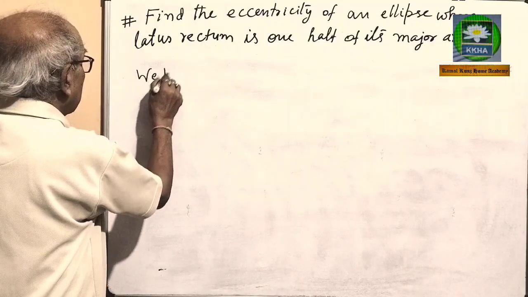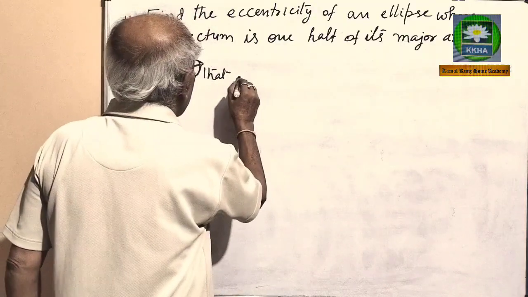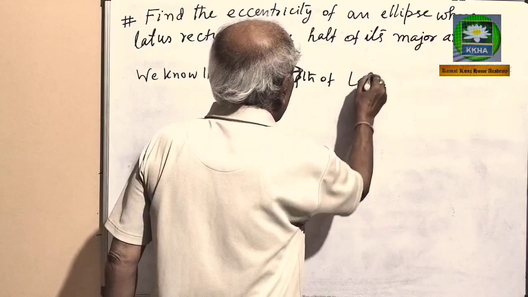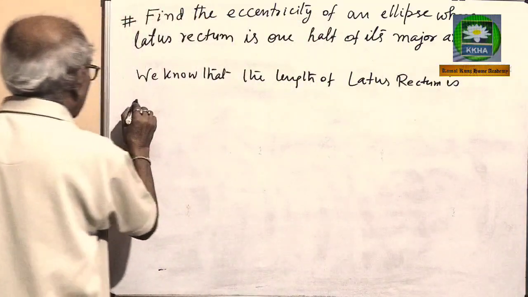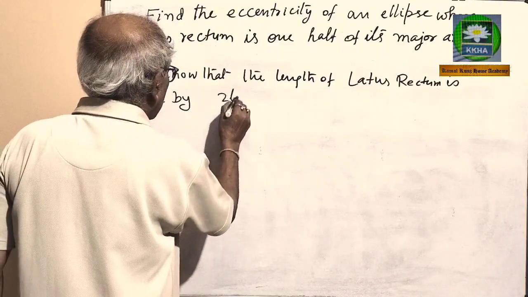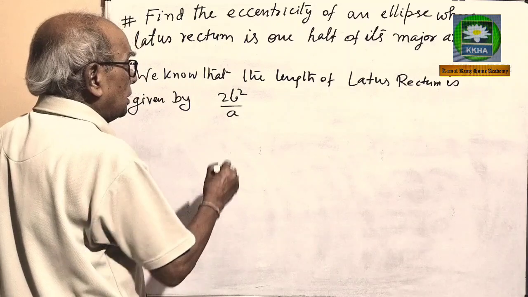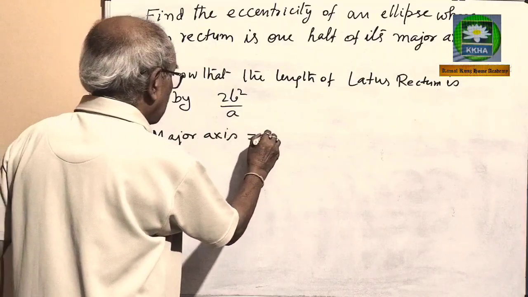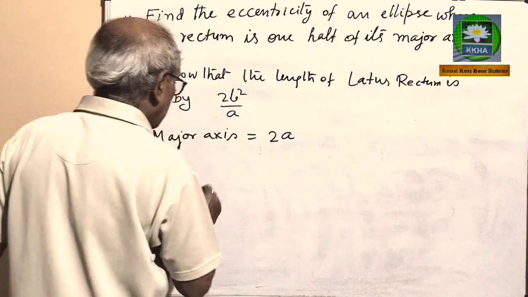Now, we know that the length of the latus rectum is given by twice b square upon a, and major axis is equal to twice a.